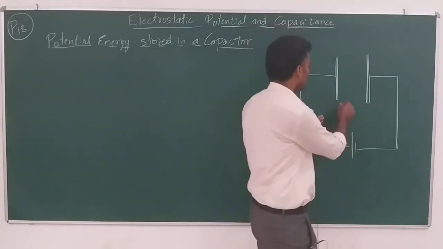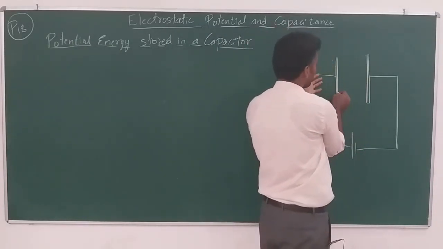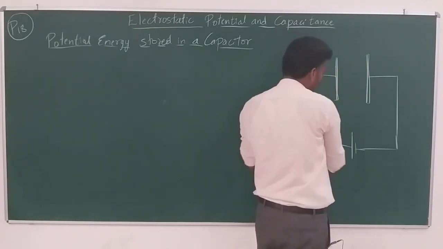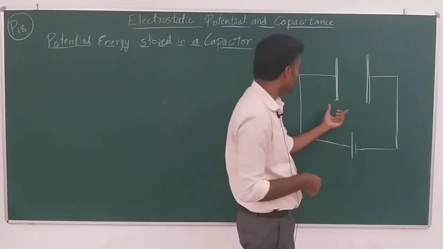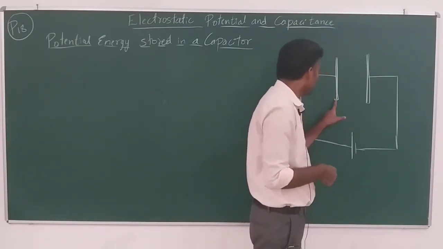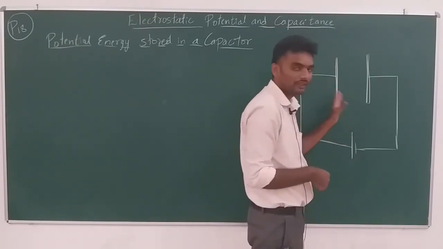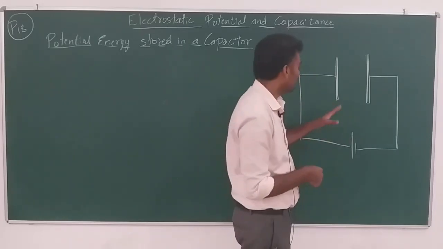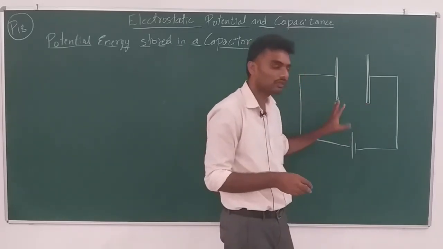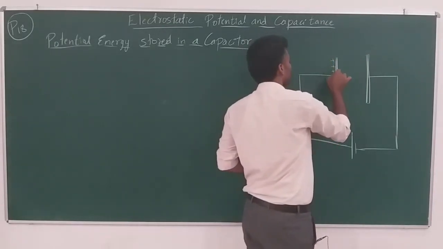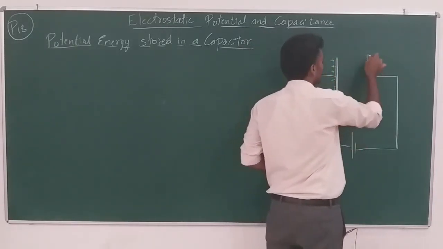what's actually happening? Say I'm taking certain charge from one plate and sending it to the other side. So let me consider the transfer of charge here itself. In some references they'll show the transfer of charge occurring from this plate to this plate. That's also fine. Say this is positively charged, this is negatively charged.